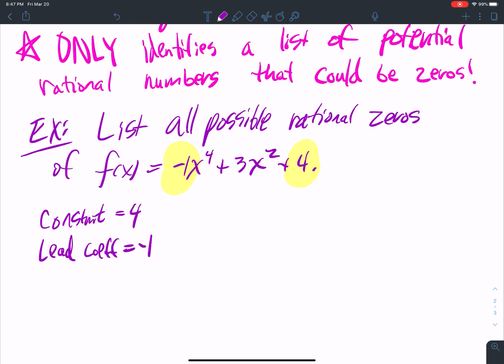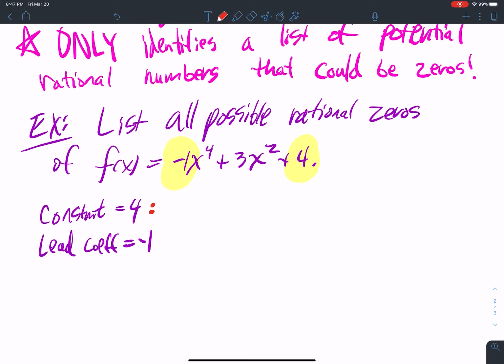Now I think about this. What are factors of 4? Well, if I multiply 1 times 4, I can get 4. Also, if I multiply 2 times 2, I can get 4.